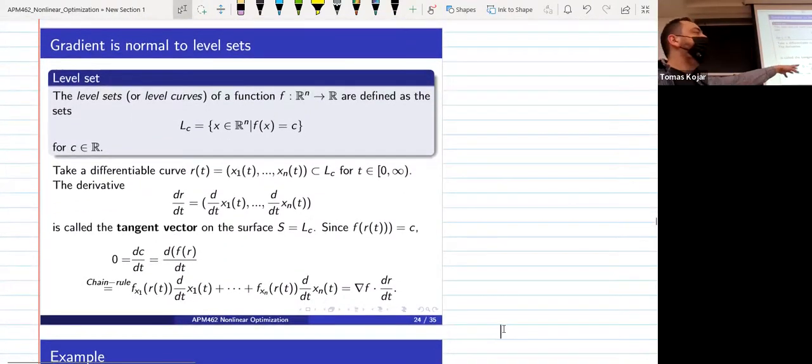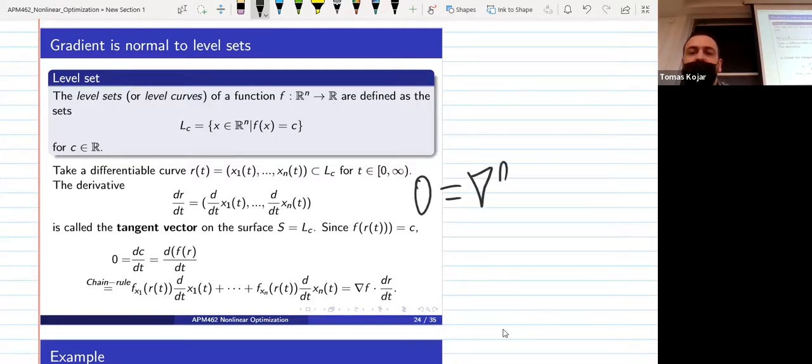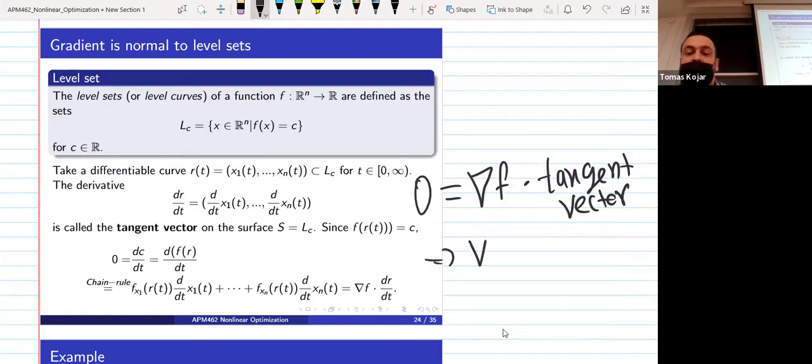This is nothing else but the dot product of our gradient with this tangent vector. So this one says that 0 is equal to the gradient dotted with a tangent vector. That means the gradient is normal to the surface.